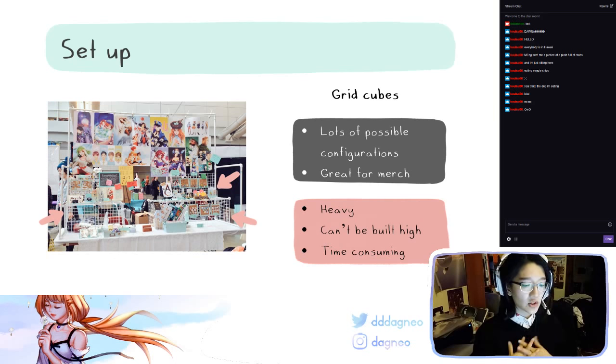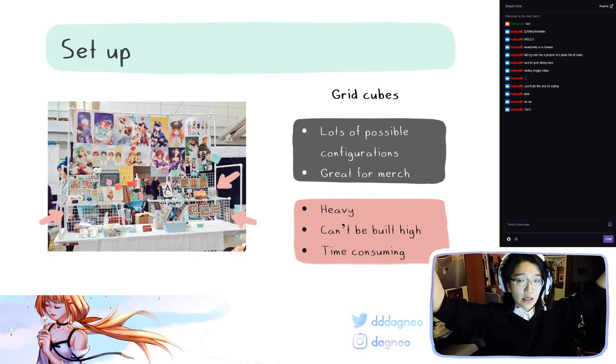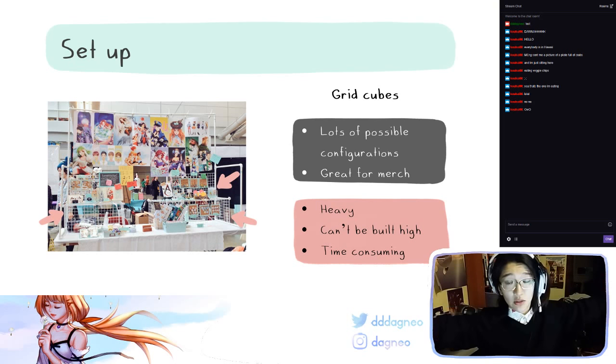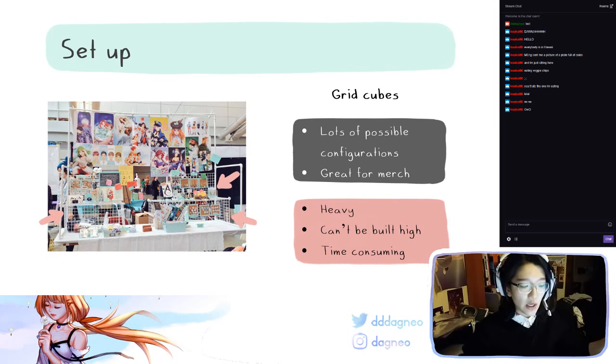So I actually only bring my grid cubes to conventions where I drive. I almost never bring them to conventions where I have to fly just because of the weight limit, and they're just really heavy. The other disadvantage of these is that you can build grid cubes up to a certain height, and as I've mentioned, a lot of people do that and put posters up, but you can't build it really high.